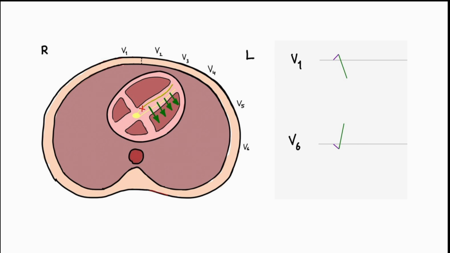But what happens now? Well, the right bundle cannot depolarize the right ventricle because there's been no conduction down it. So you get this slow wavefront traveling through non-specialized, or not specialized for conducting anyway, tissue in the myocardium itself, moving from the left ventricle to the right ventricle.